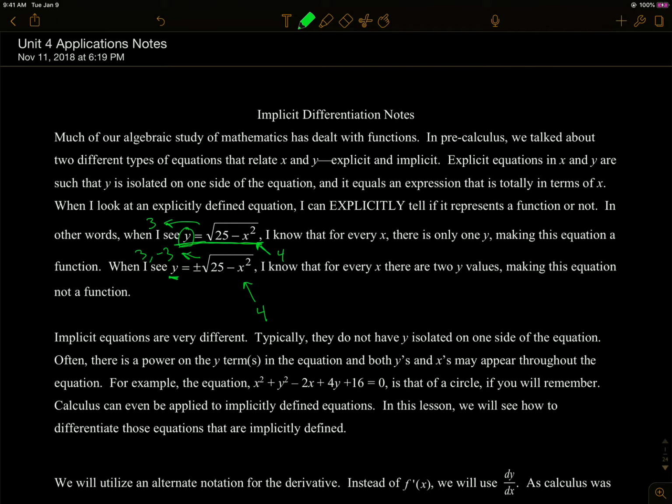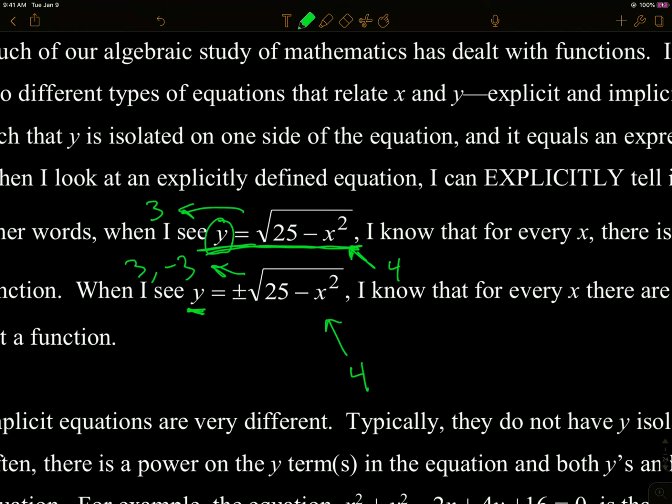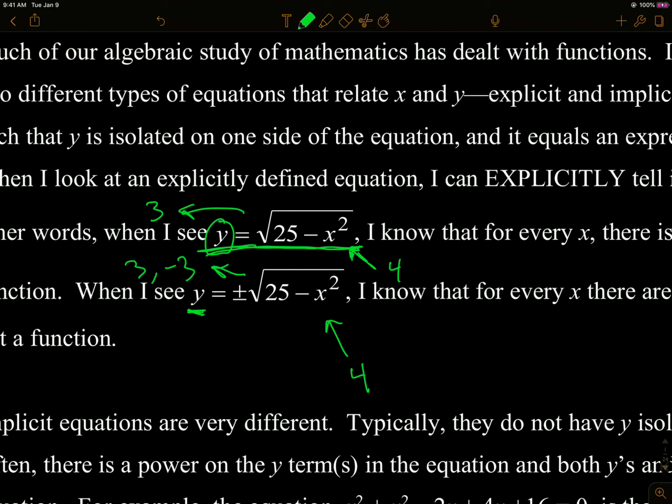Typically, they're written y equals something, and the stuff on the right side of the equal sign has only x. So we say y is written as a function of x. On this one, I can't really say as a function of x because it's not a function. But typically when you see explicitly written equations, they are functions.